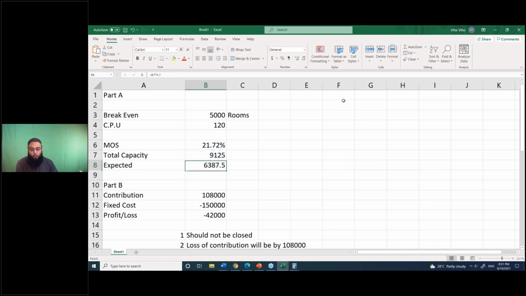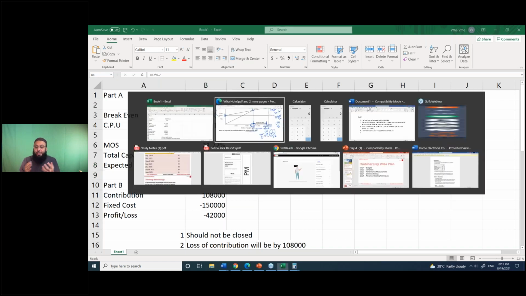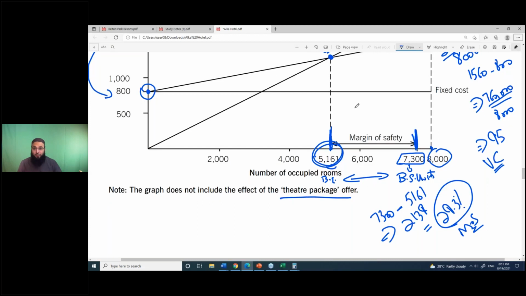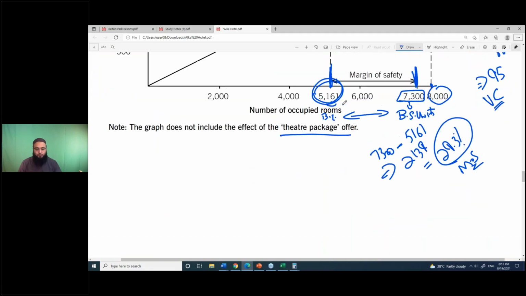Previously you were operating at 6,388 capacity, but now you expect to go to 7,300. So from 6,300 you expect to go to 7,300, and that's because of the restaurant that you will open. Getting my point? So your margin of safety gives you a good idea.